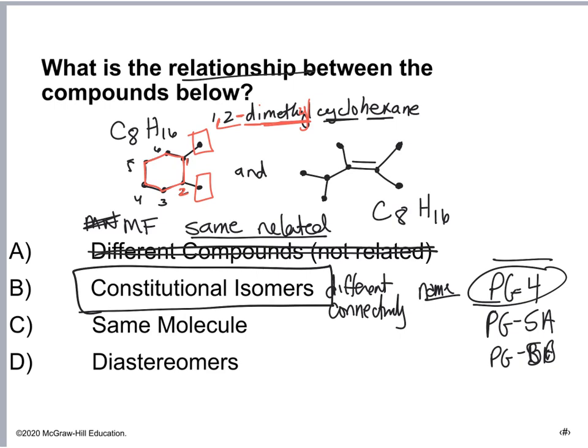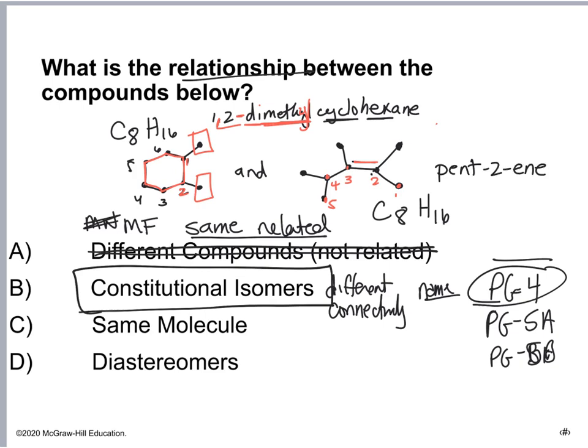The name of this compound, then, you find the longest chain, and you'd need to include that double bond. 1, 2, 3, 4, 5. 5 is pentane, pent, but it's not an ane, it's pent on the carbon 2, 2-ene.